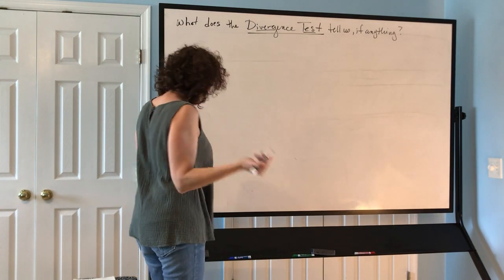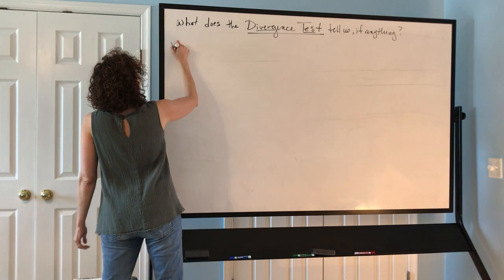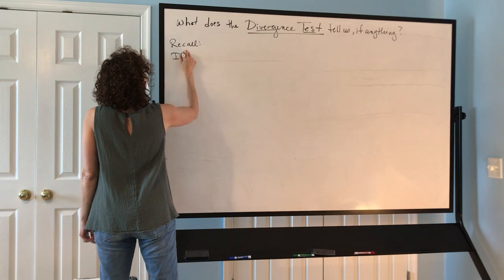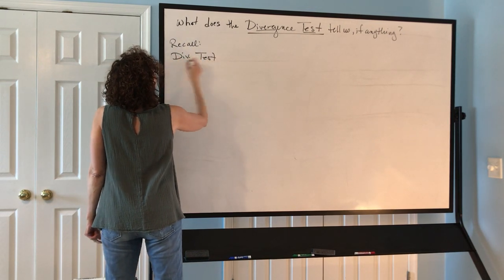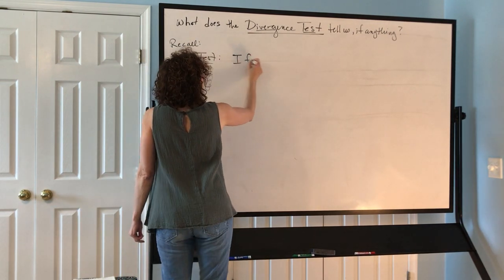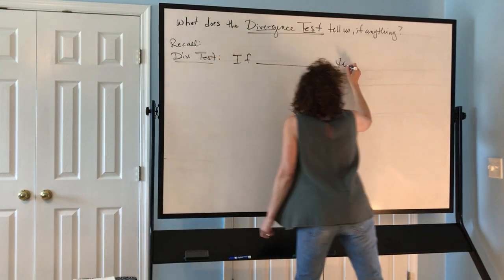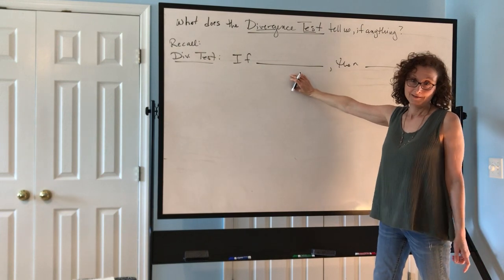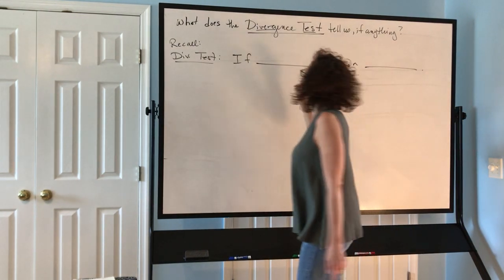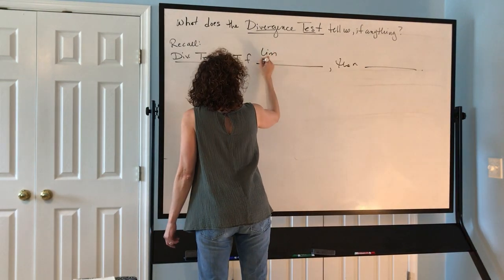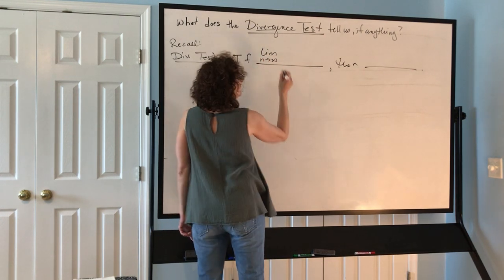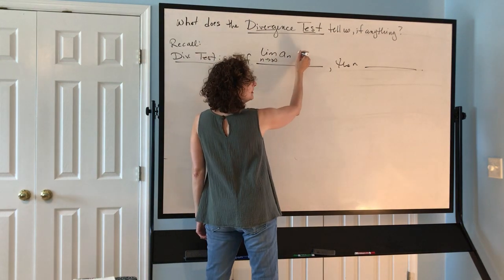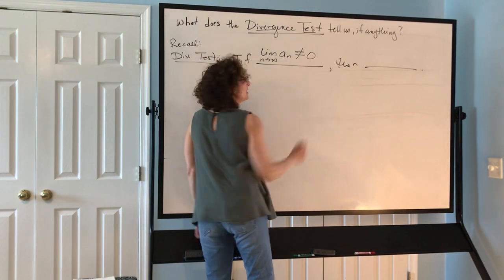All right, so what does the divergence test say? You should be able to write that down right now. If something, then something, right? What goes here? If the limit as n goes to infinity of the nth term that generates the series is not 0, good.